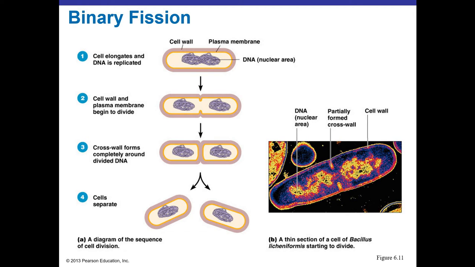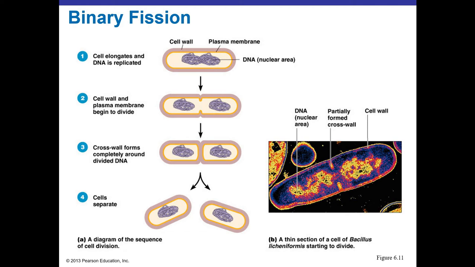So binary fission, the first thing that happens is that the cell's going to start to elongate. The DNA is replicated and basically gets partitioned to two ends or poles of the cell. As that happens, the cell wall and plasma membranes start to invaginate, and that is going to start dividing the cell into two daughter cells.